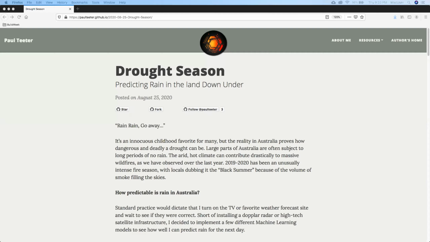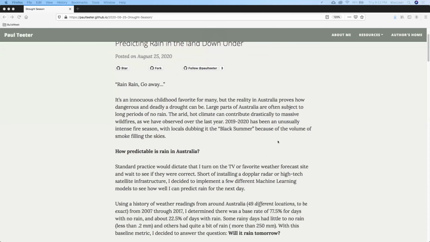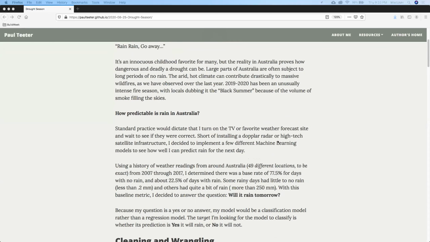Okay, so everybody can see. I did my project on predicting rain in Australia. I got my data set from Kaggle, and originally it had a target classification prediction column, but it was really unbalanced, 77 and 22.5%.